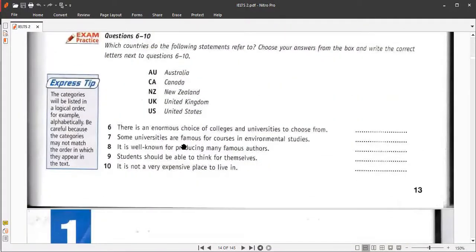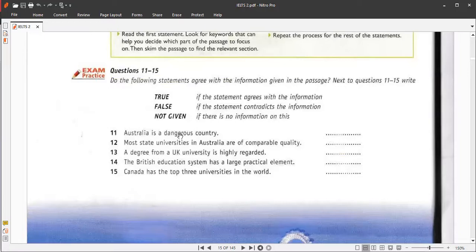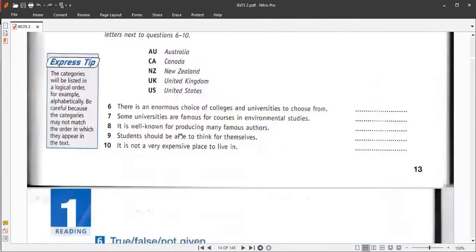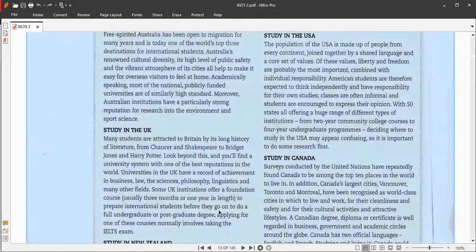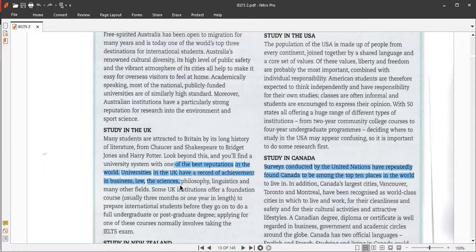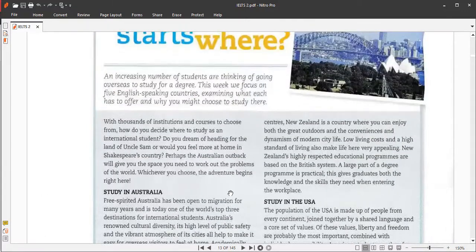British education system has a large practical element. Can we find it here? Okay, it doesn't mention the practical element.